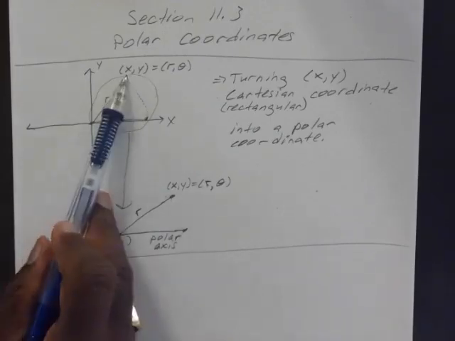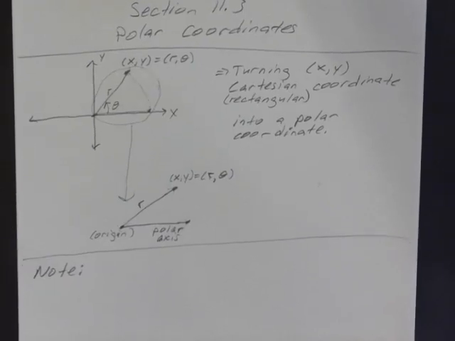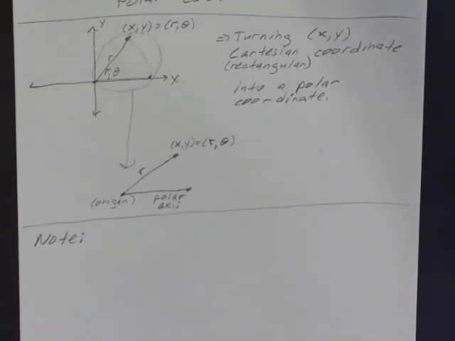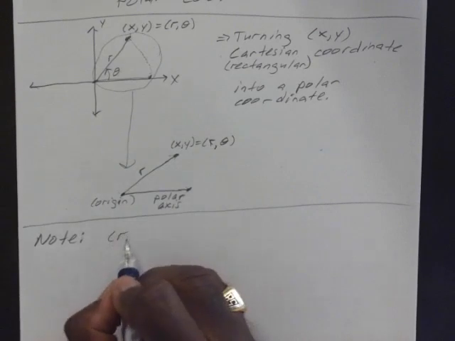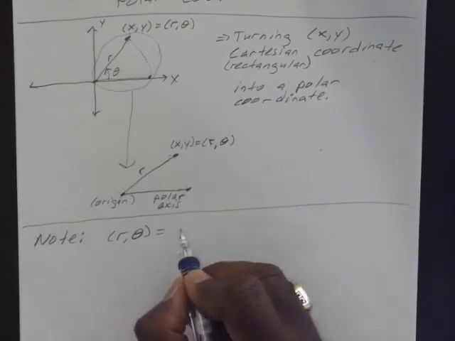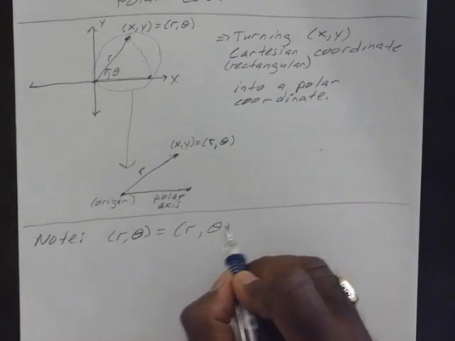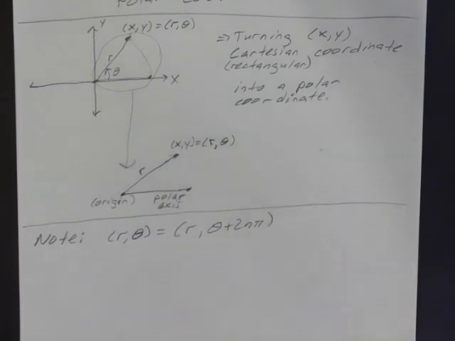But with the polar coordinate, that point has an infinite number of coordinates. Literally an infinite number. So R theta, you can rewrite that as the radius and theta plus 2n pi.